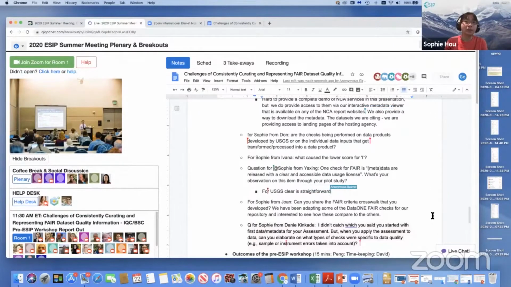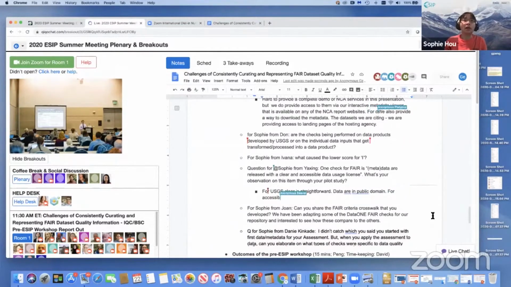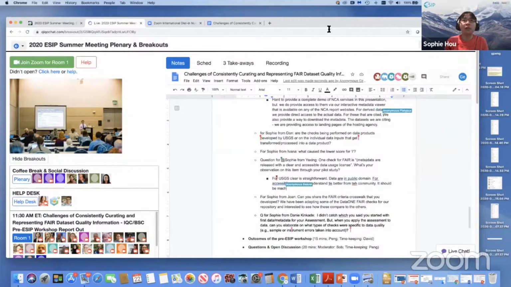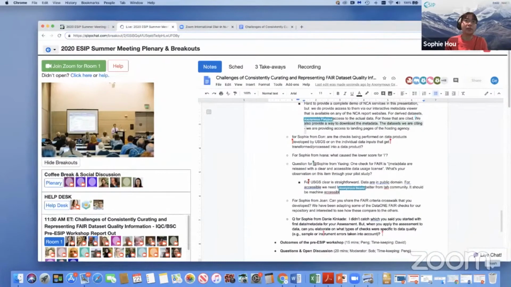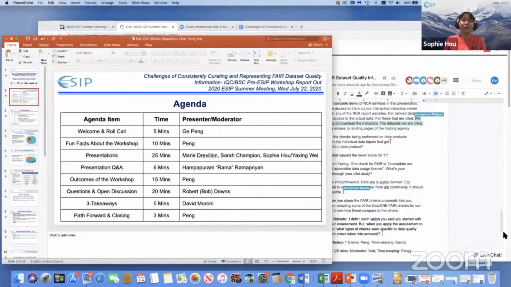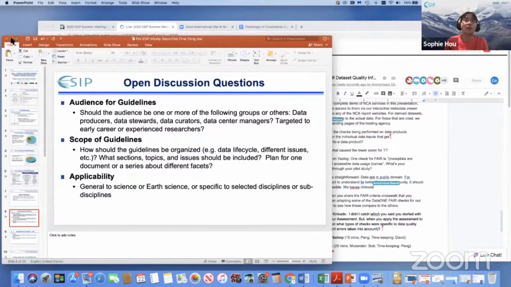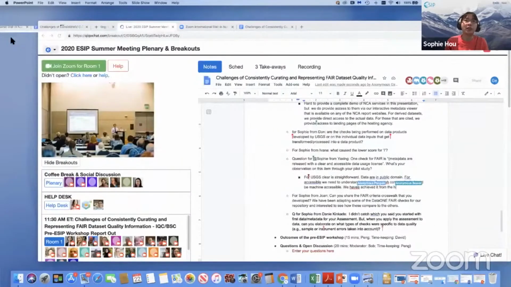But in terms of accessible, that's something that we definitely need to understand from the community or from the checks a little bit more, because my experience so far is that the accessible might need to be harvestable or machine accessible, not just in terms of accessible by a human. So at the very top level, we would say that the accessible part is very compliant, or we have achieved that for the humans. But if we are including the machine or the harvesting part of it, that is something we will definitely need to quantify a little bit separately.